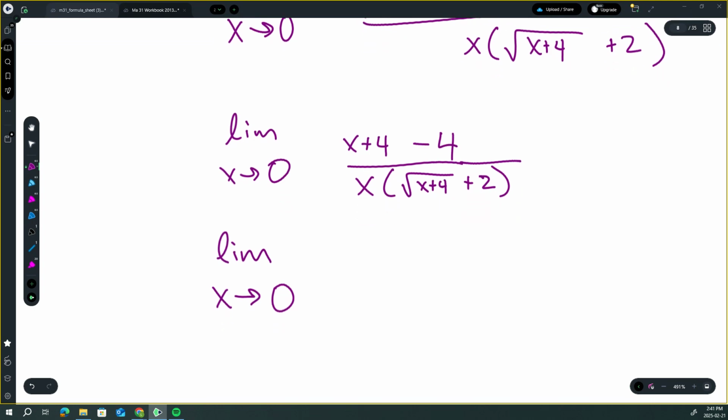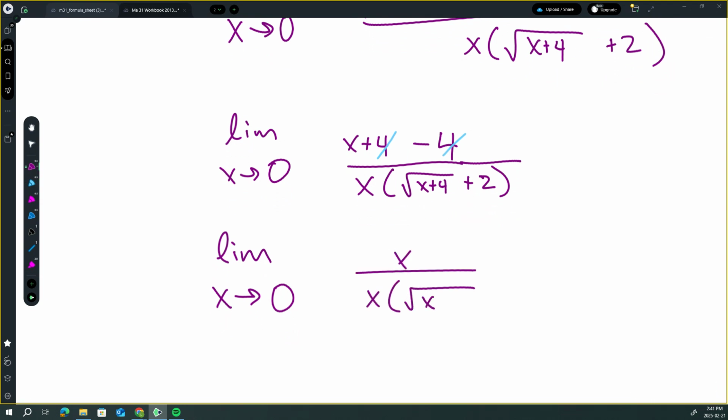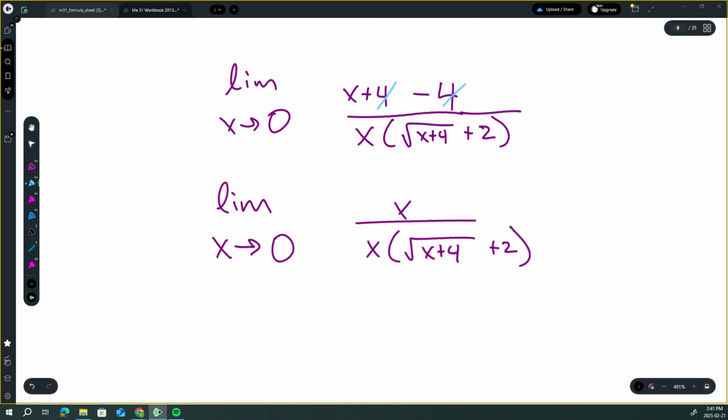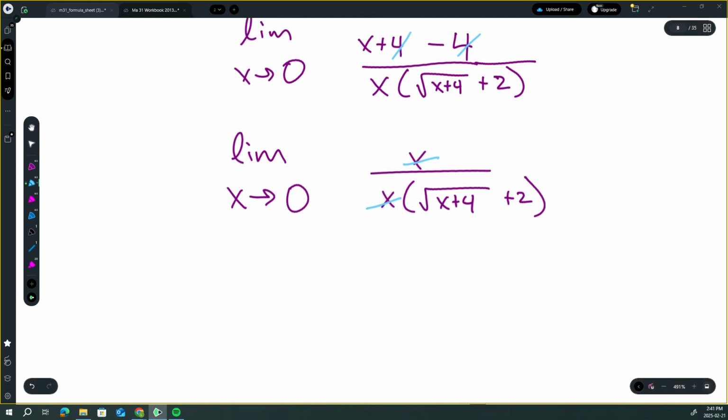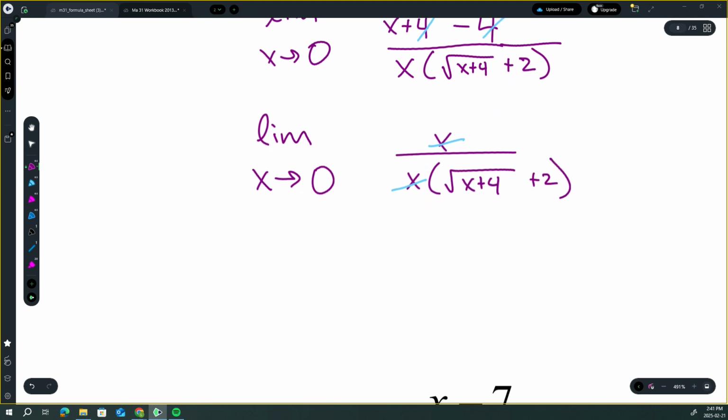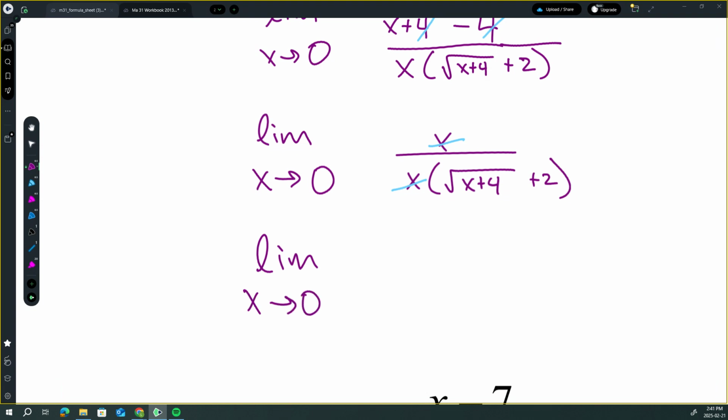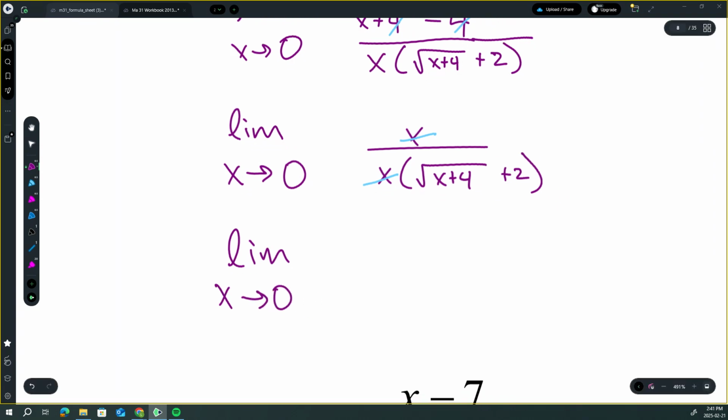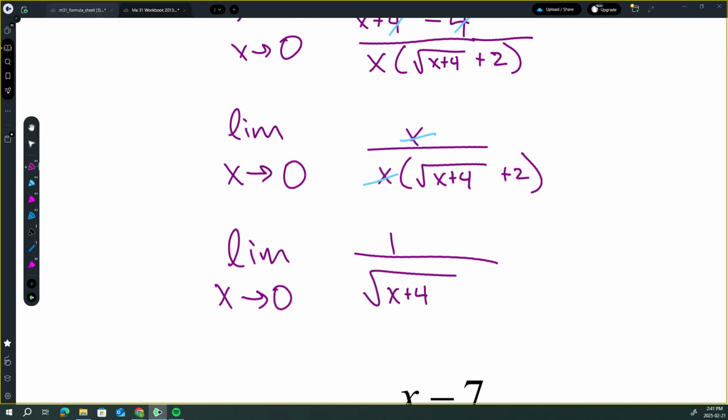That's going to cancel each other out too. So we have x in the numerator, x times the square root of x plus 4 plus 2 in the denominator. And looky here, we can cancel out those x's. So that's the simplifying we needed to do, that canceling, that results in this no longer being indeterminate.